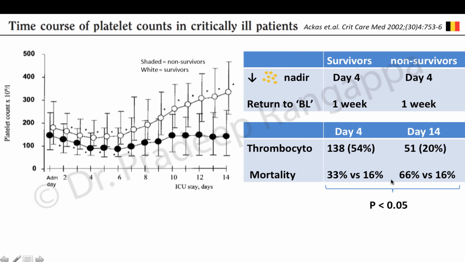That was statistically significant. And even at day 14, if patients continue to have thrombocytopenia, the mortality was 66% versus 16%. So basically, this study also endorses the viewpoint that thrombocytopenia is bad, that it typically occurs after day 4, and that it is an important and independent marker of mortality.